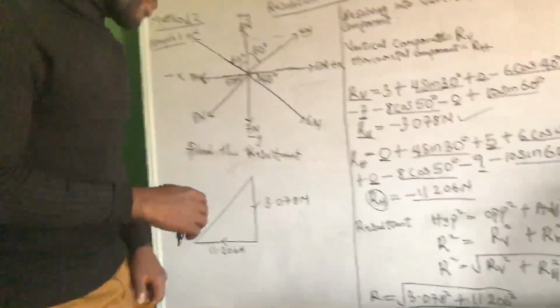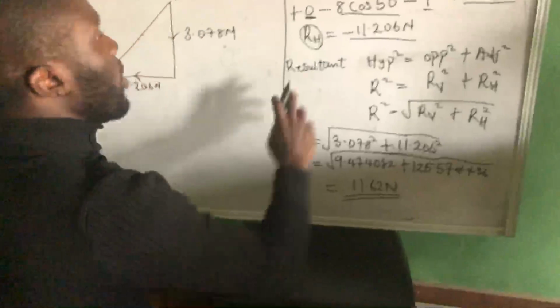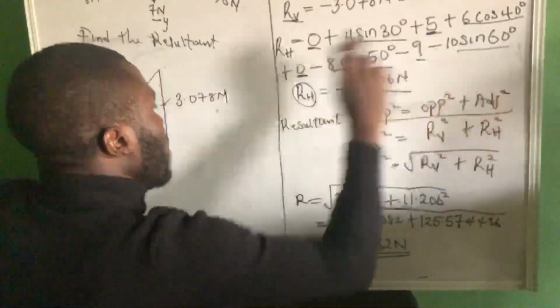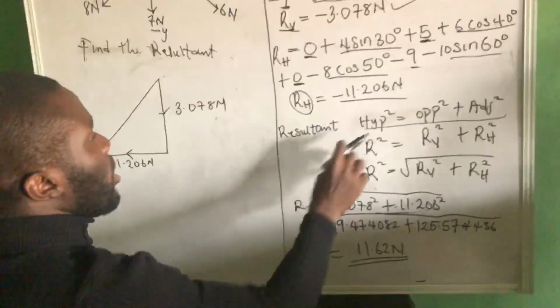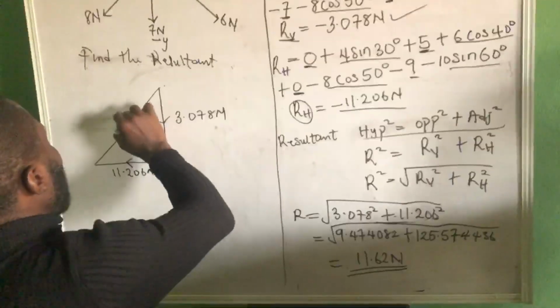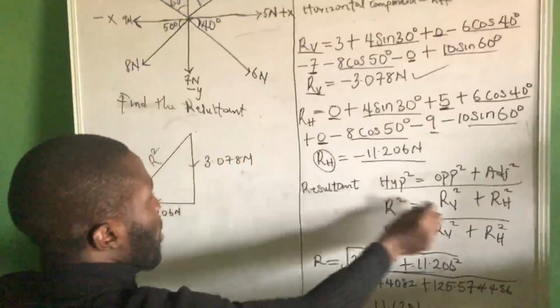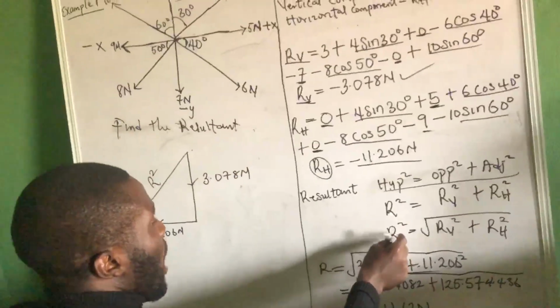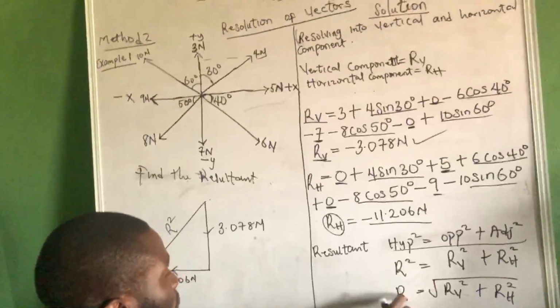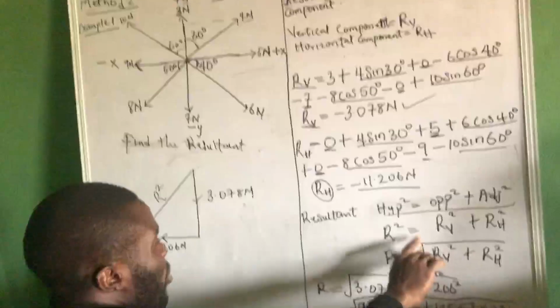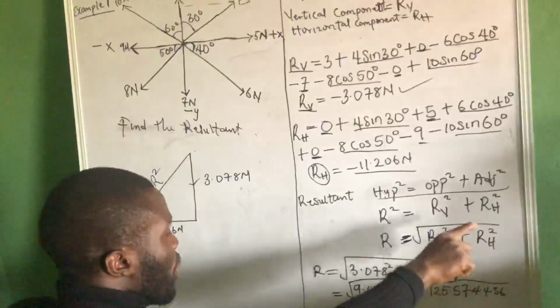After we have done that, we now find the resultant using Pythagoras theorem. Hypotenuse square equals opposite square plus adjacent square. Now the hypotenuse is our resultant. So R square will be RV square plus RH square. So R will be the square root of RV square plus RH square.